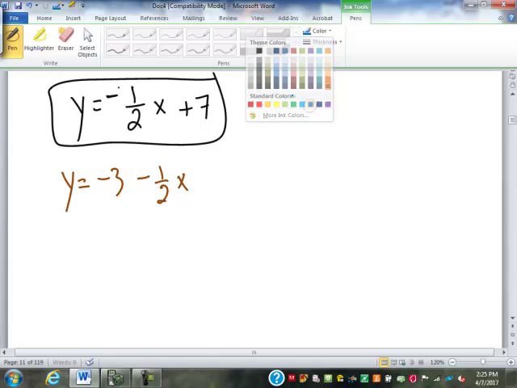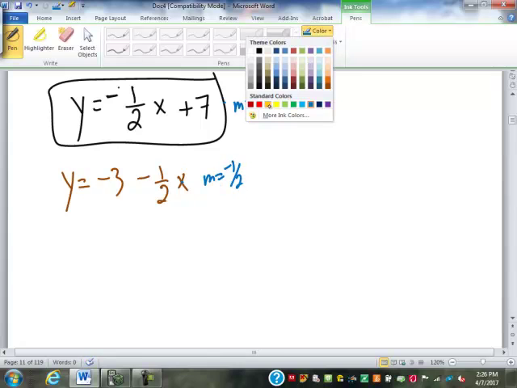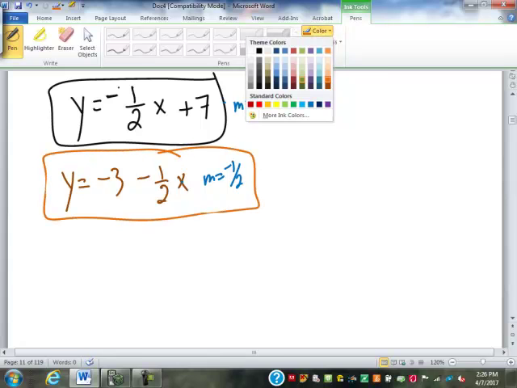Well, maybe we should do this. What's the slope of this equation up here? Negative 1/2. Good. What's the slope of this equation here that I just wrote? Negative 1/2. So are they parallel? Yes, they are. So that line is parallel to it.